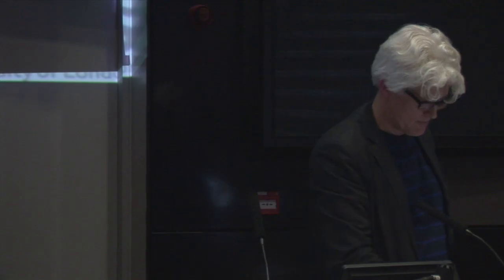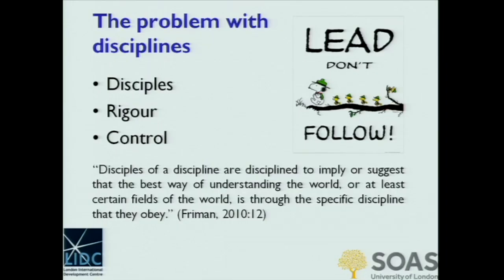Okay, what do I mean by this? What's the problem with disciplines? Now, the word itself is interesting because it has a number of connotations. It actually derives not from the English word discipline, as we normally use it in a general context, but from the word disciple, follower. But it also has this connotation of discipline in being organized and systematic and coherent.